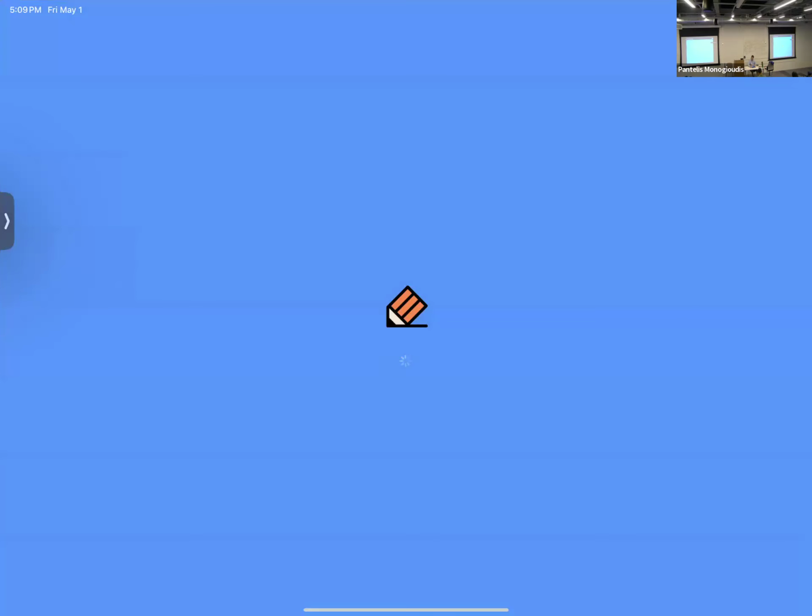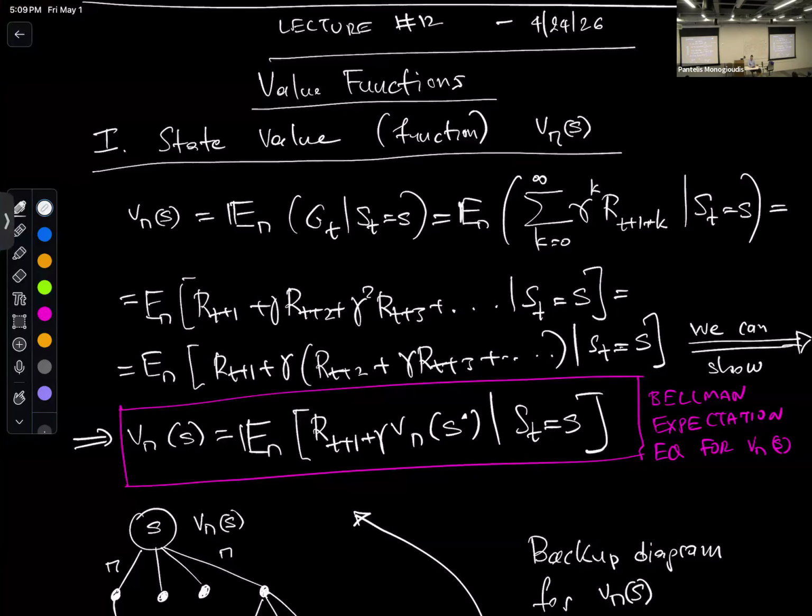Before we start, let's review briefly what we covered last week. Last week we were still on the topic of Markov decision processes, and we started introducing the objective function. After going through a whole bunch of definitions, the return was covered.